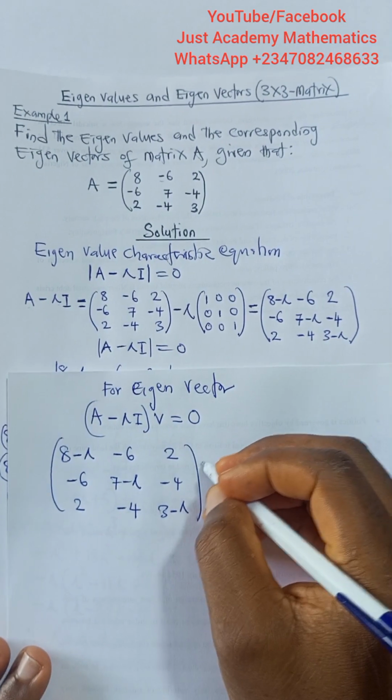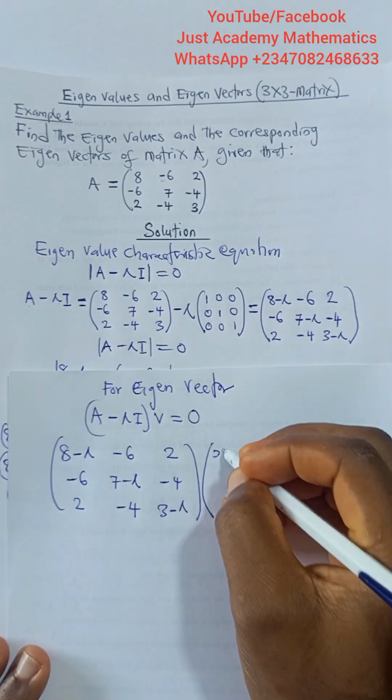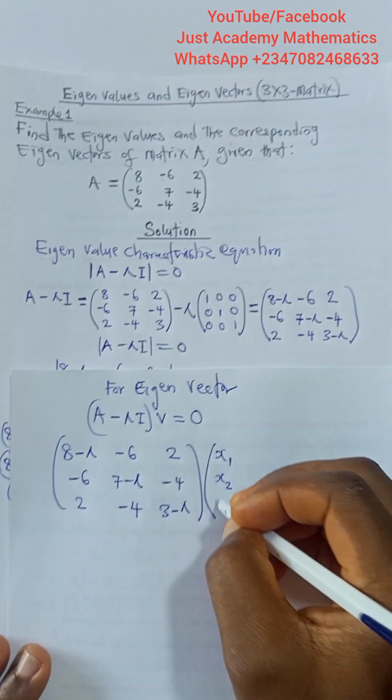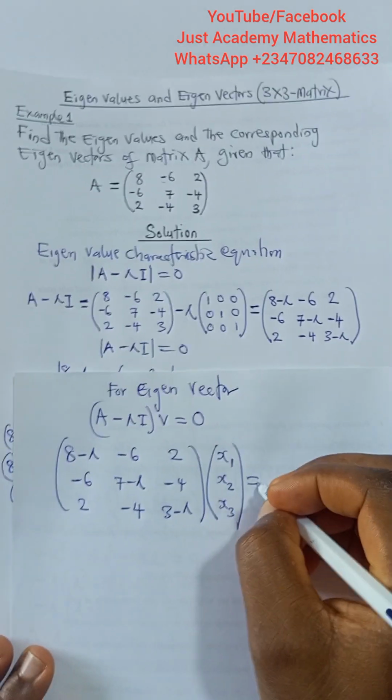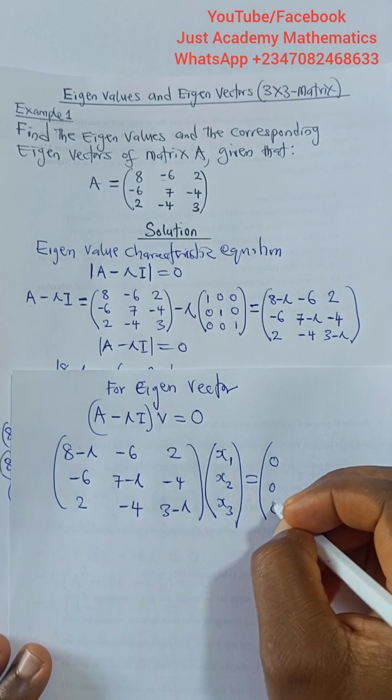The multiplication of this with the vector, which can be represented as x1, x2, x3, will always be equals to 0.